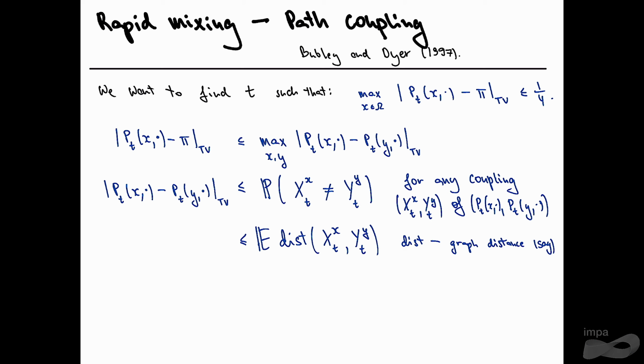Now to find a coupling between X_t and Y_t, it's actually enough to find a one-step coupling, because if you have a one-step coupling, then you can iterate it and get a multiplicative bound. If we find what we call a contractive coupling, which is: if you start from two positions and in expectation you decrease the distance, you get closer, then you are in good shape to prove the rapid mixing.